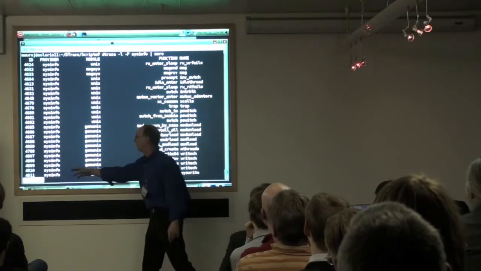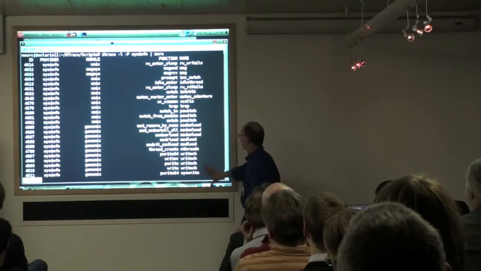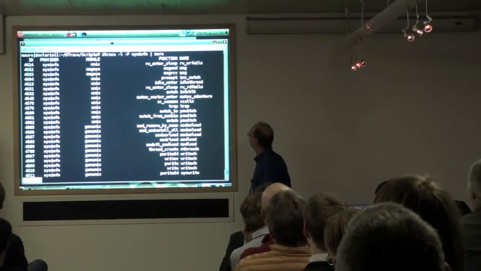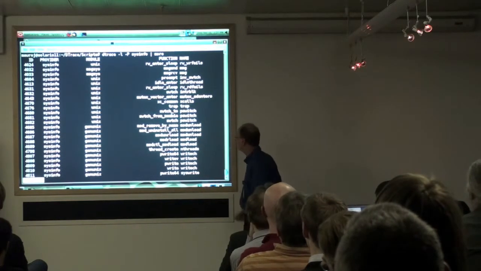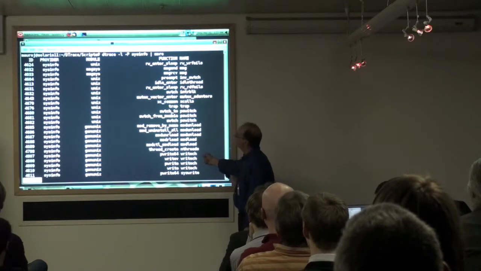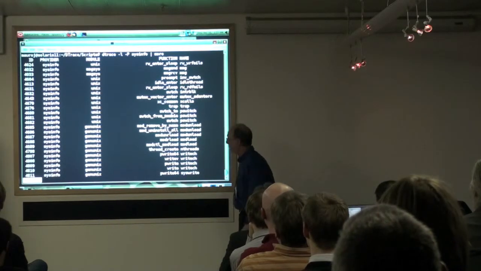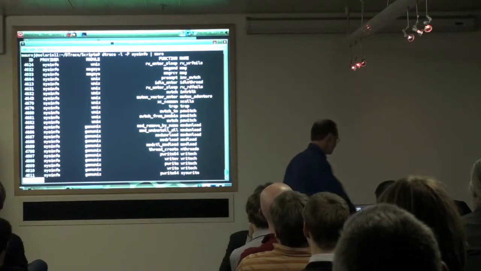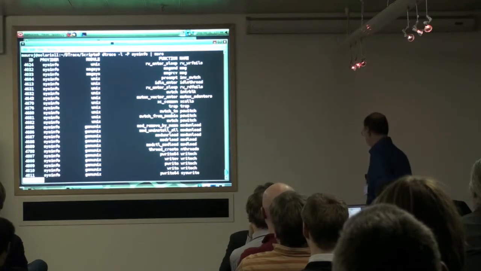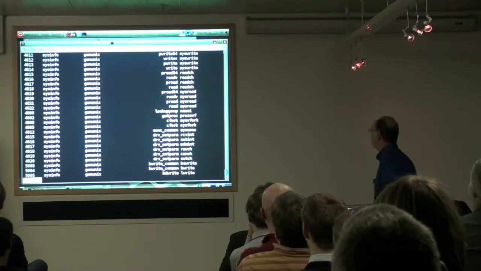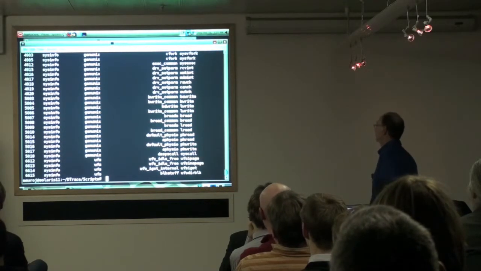I really only care about the provider and the name. These are probes that have meaningful names to me. And these are all the events I can track with the sysinfo provider. So I can look at module loads, context switches, traps, cross calls, reads, forks, on and on it goes.